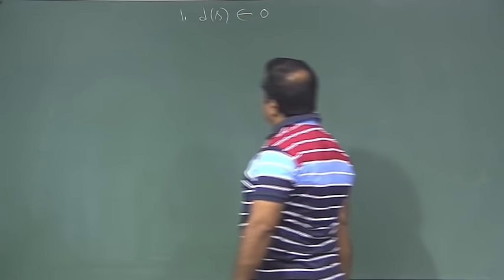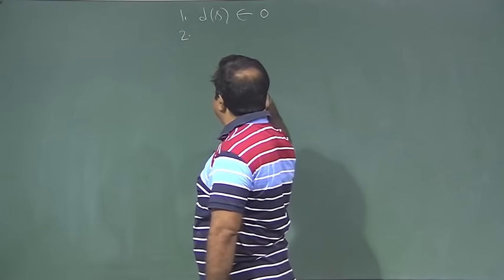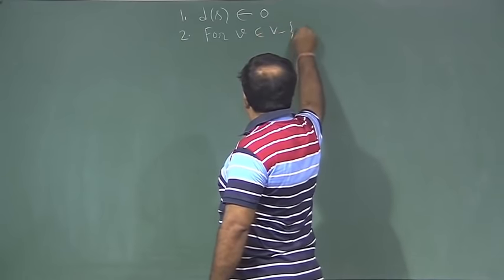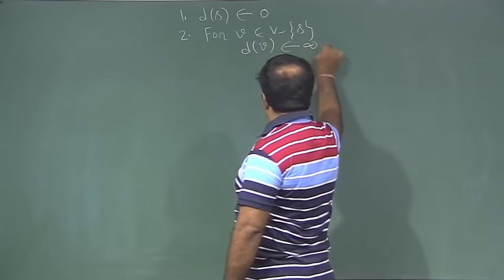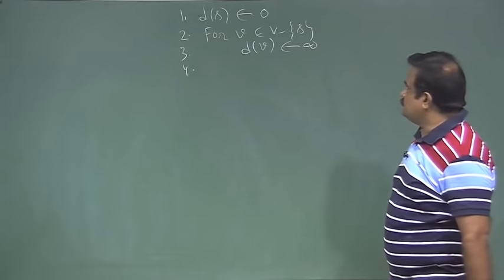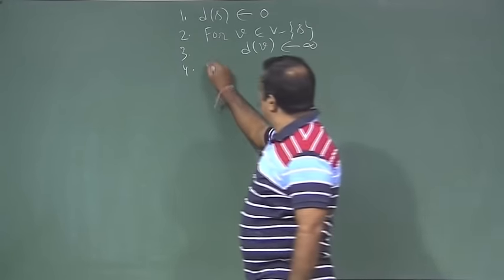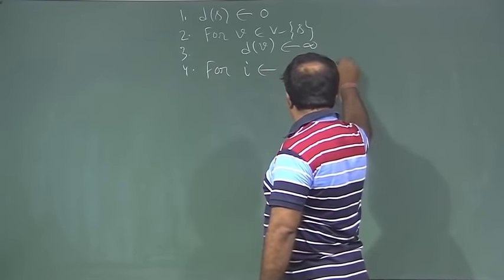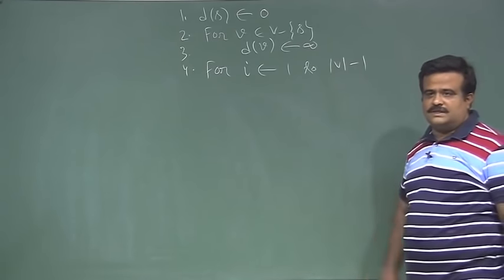We assign d of S to be 0, where S is the source vertex which is the input, and for any other vertex we assign d to be infinity. And then for i equal to 1 to V minus 1 times, in this outer loop, we are doing the relaxation.